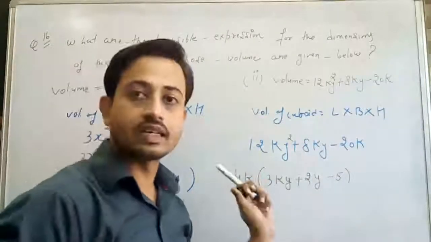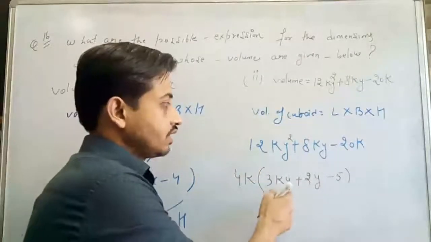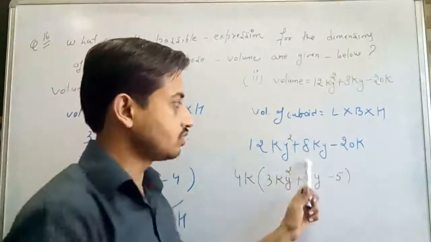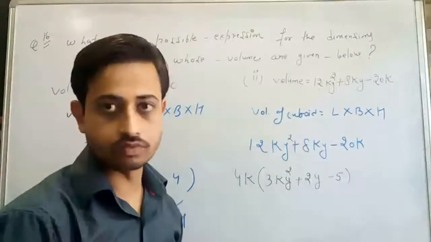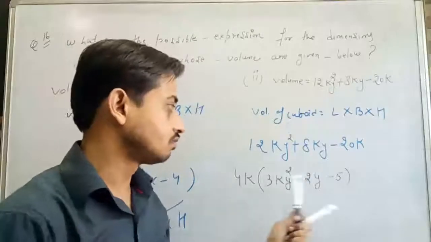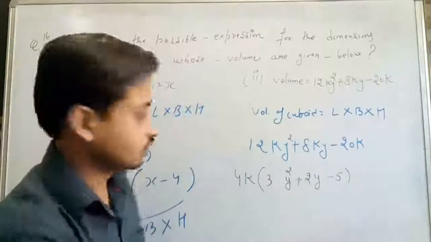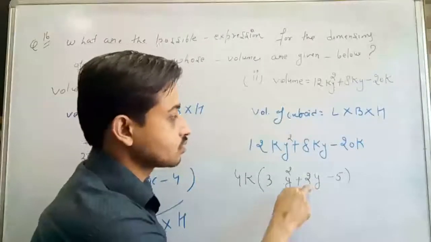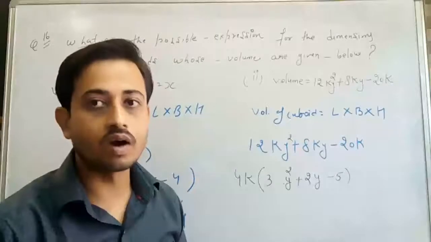So I will take a common 4k. So 4 3s are 12, 3ky square. In this we left 2y, and in this we left minus 5. Because we already took common k, we got only 3y square plus 2y minus 5. Now it becomes a simple quadratic equation.